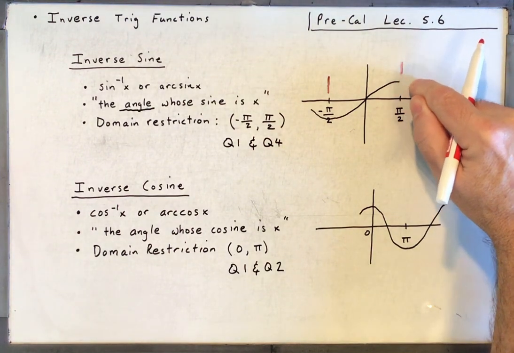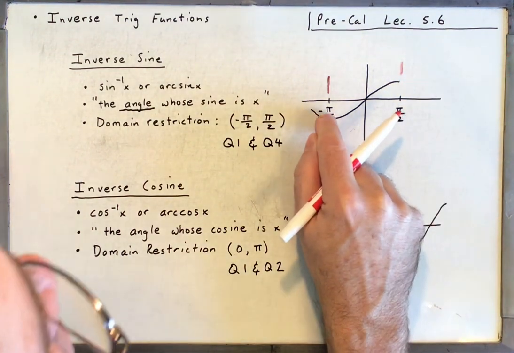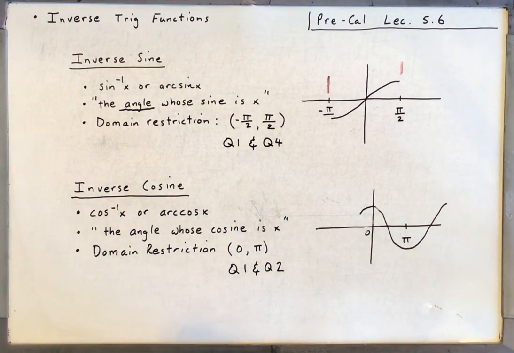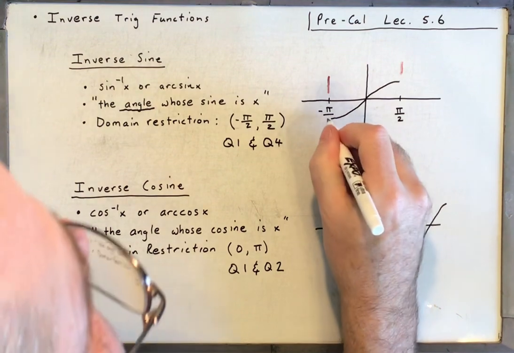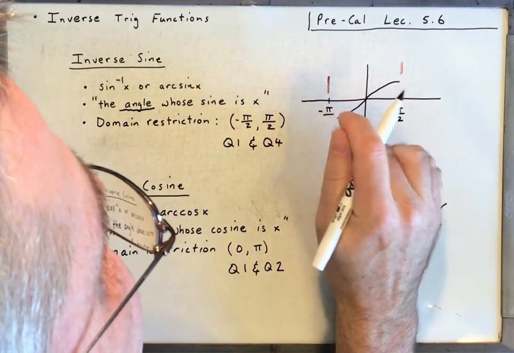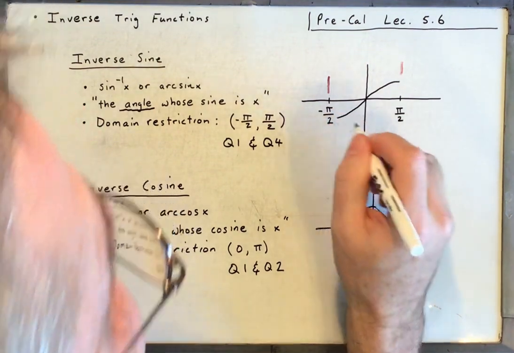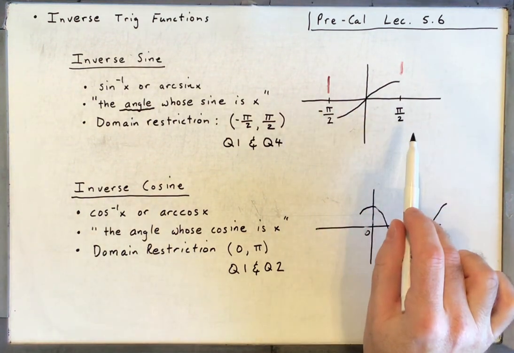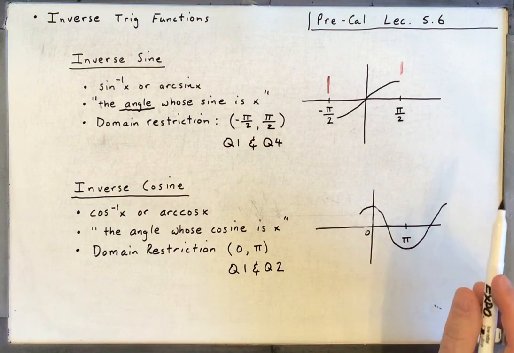Okay, so if we erase that part of the graph, and we just restrict it to that section, negative pi over 2 to pi over 2, then it doesn't fail the horizontal line test, and it's a function.